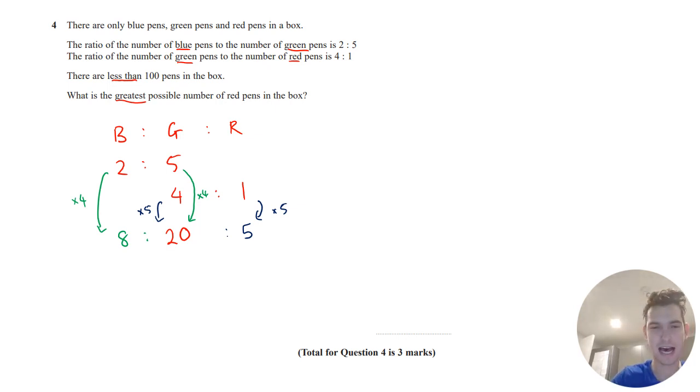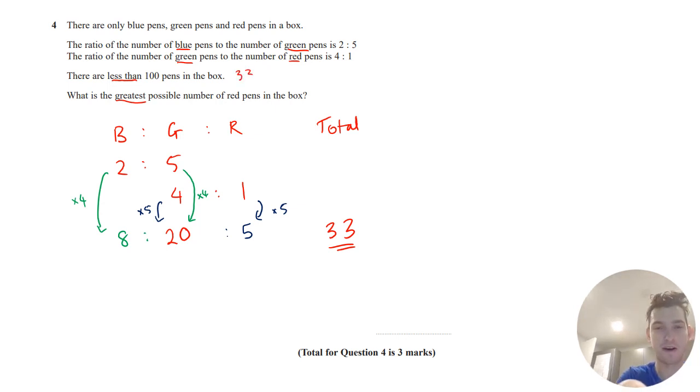Now I'm going to add those up so I can see how many parts there are in total. So 8 plus 20 plus 5 gives me a total number of parts of 33. So how am I going to use this information? Well, there are less than 100 pens, so I think that my total has to be some multiple of 33.